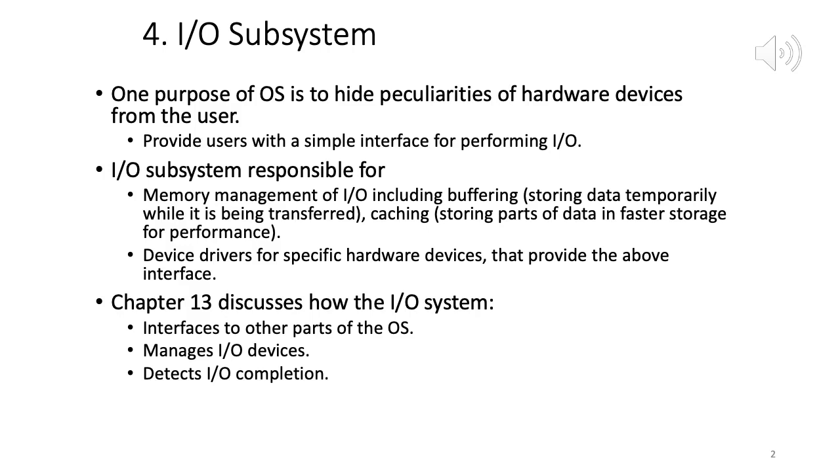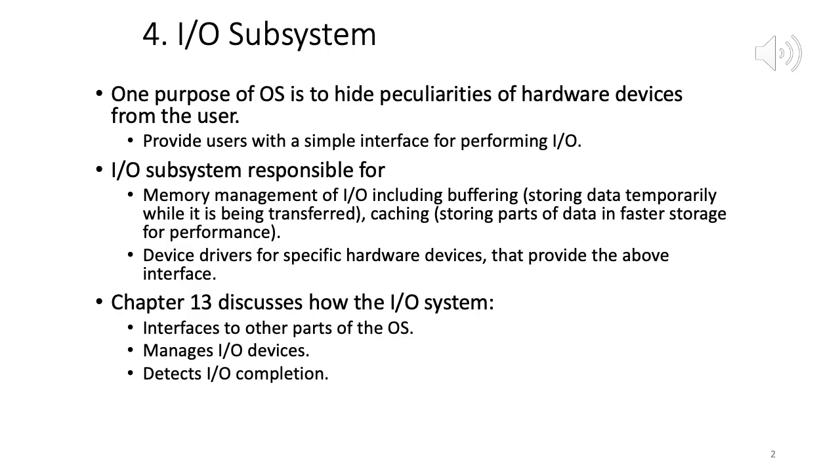The user really doesn't want to be bothered about how exactly they operate and how things work within those devices, right? What the users want is a nice and clean interface to those devices, so they can interact with them easily. That interface is provided by the OS.